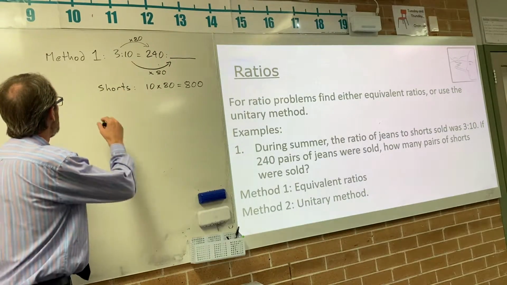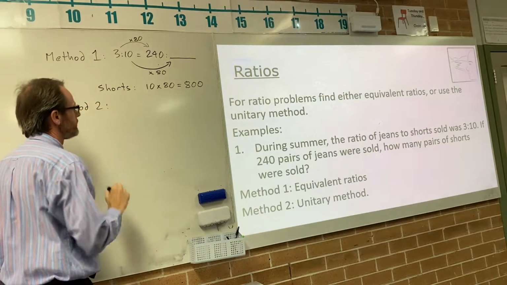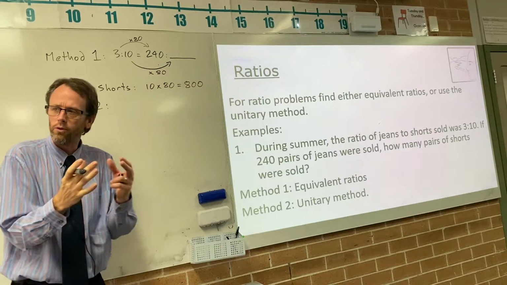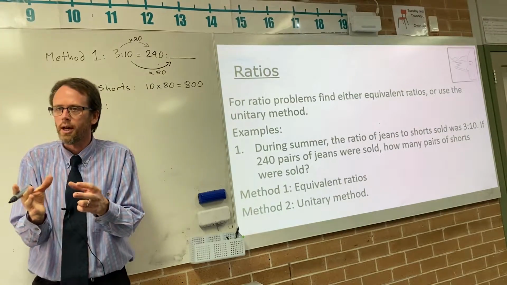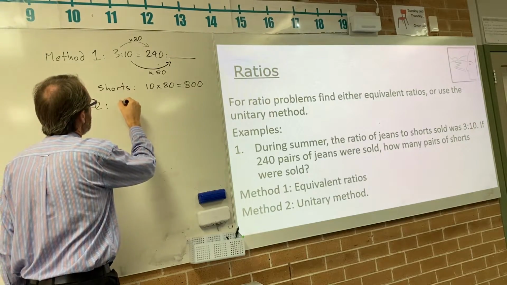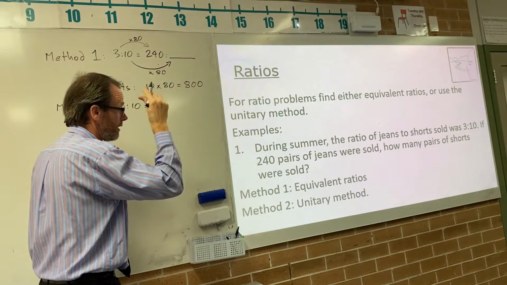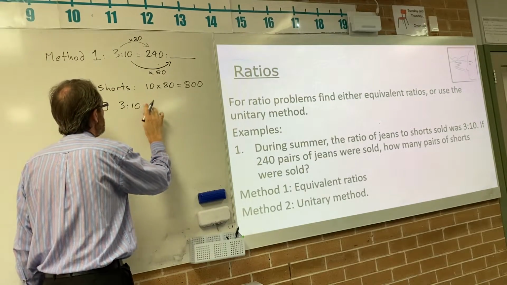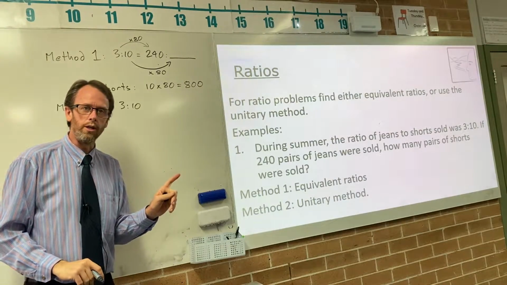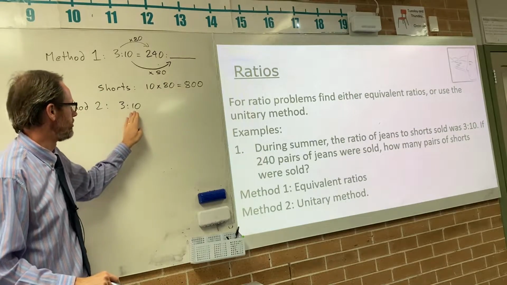Or method 2, the unitary method. We've looked a bit at the unitary method this year, and you can use it in this question as well. So you've got 3 to 10 is equal to 200. What you need to do is find what 1 unit is and then find 10 units.